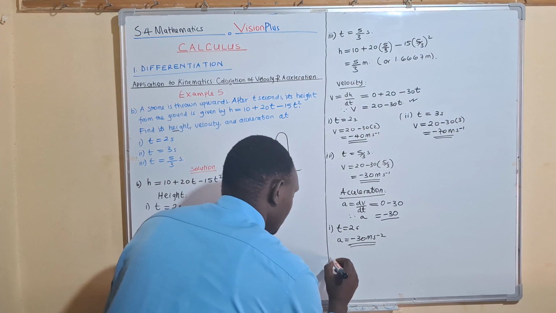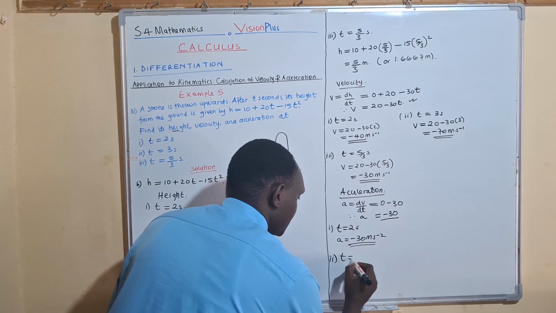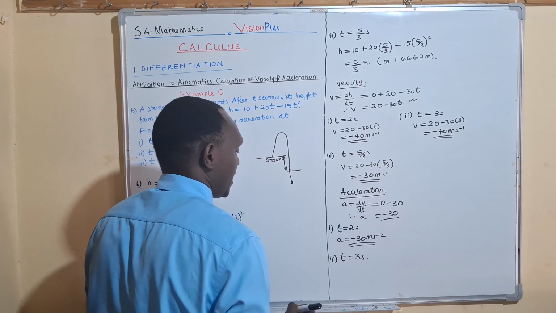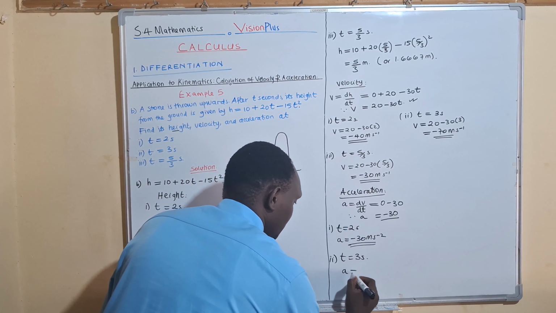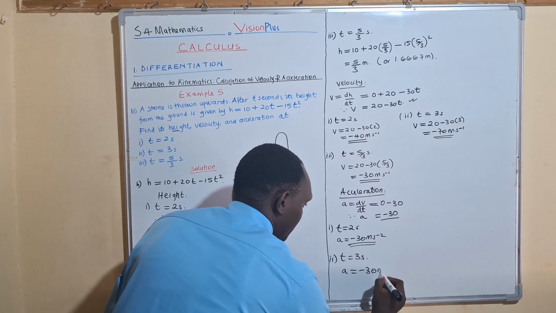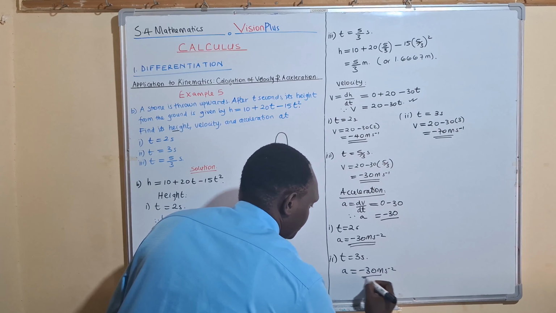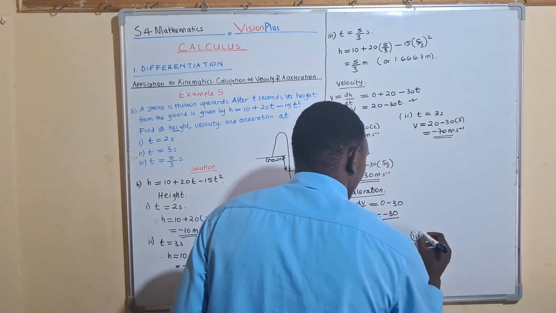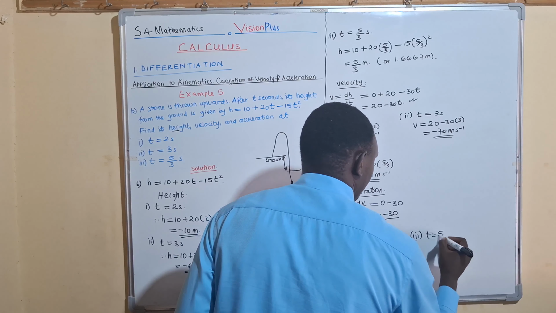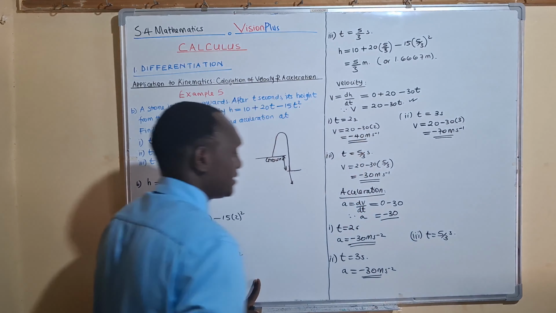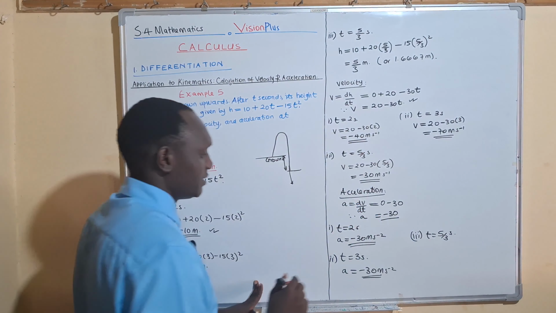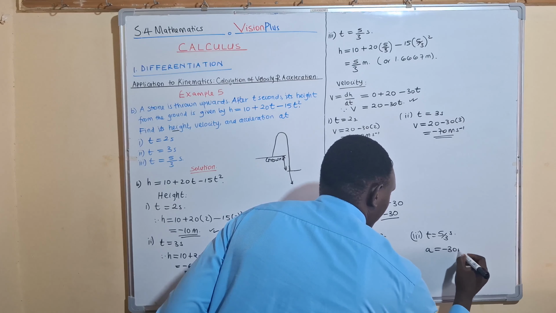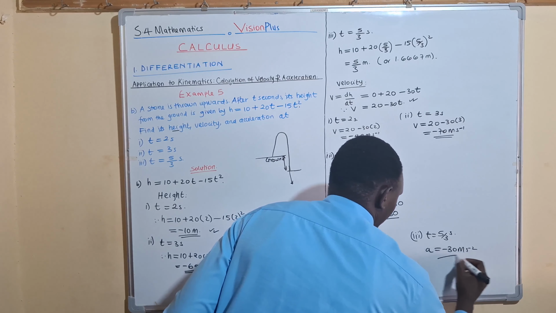And the same thing applies. What if the time is 3 seconds? Still the acceleration is independent of time, so it will still be negative 30 meters per square second. And then finally, Roman 3. What if our time is 5 over 3 seconds? Still the acceleration is independent of time, so our a will still be negative 30 meters per square second.